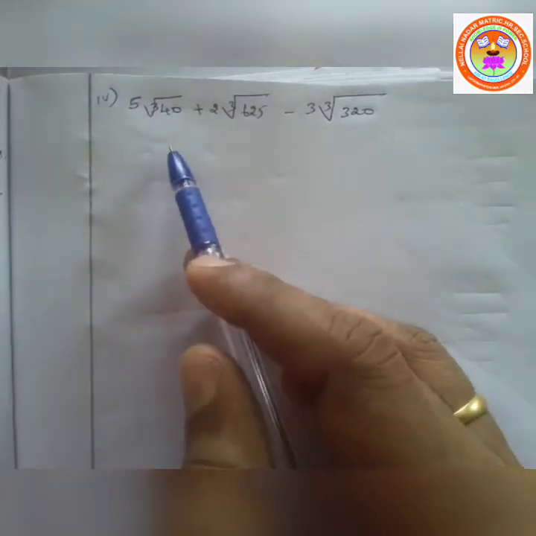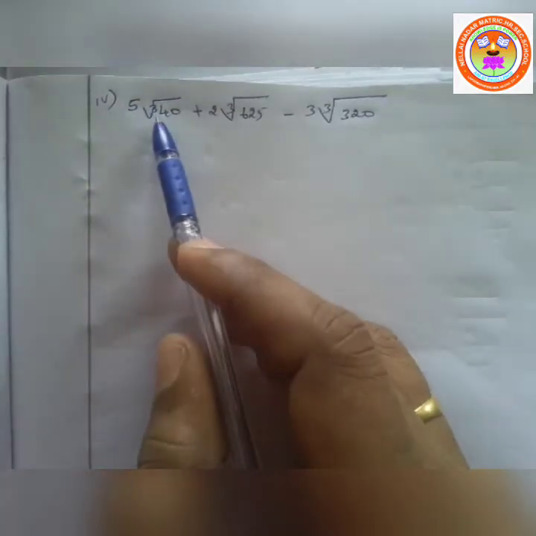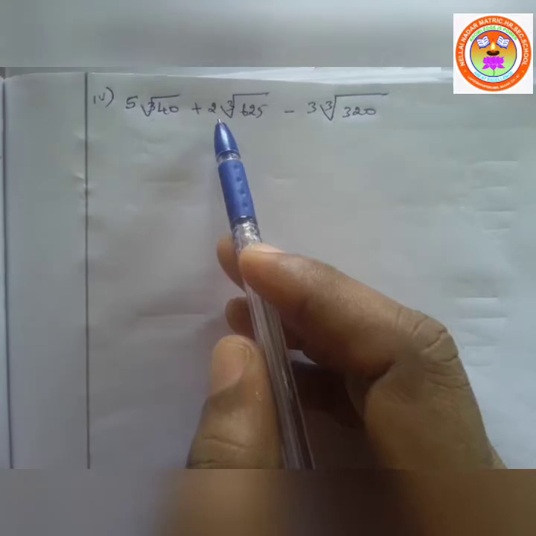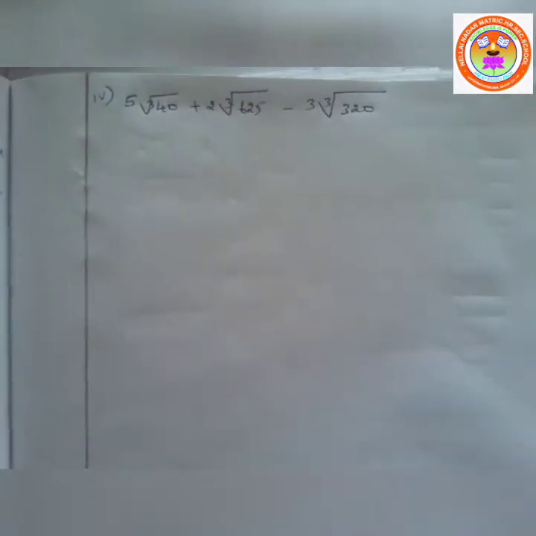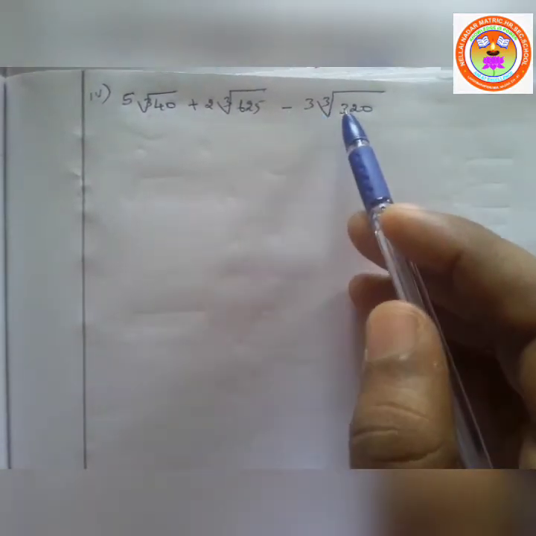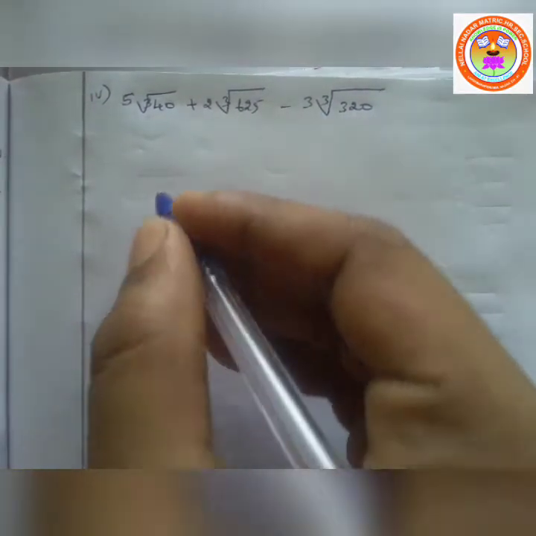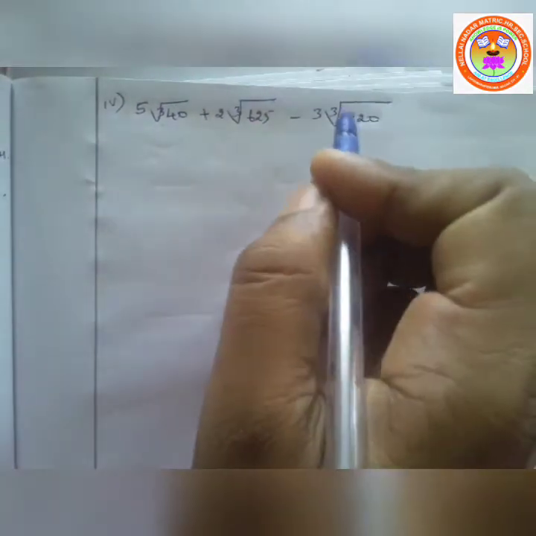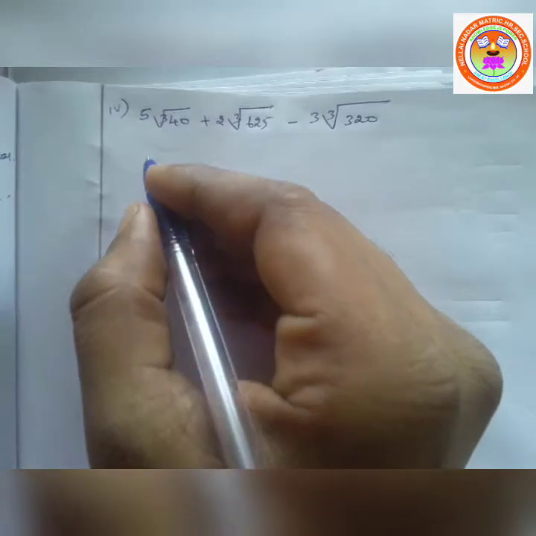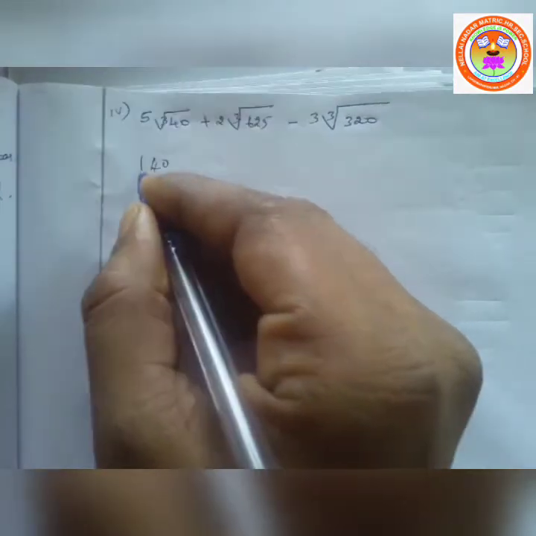The next subdivision, fourth subdivision, is 5 cube root of 40 plus 2 cube root of 625 minus 3 cube root of 320. As I said earlier, if you are having bigger numbers inside the square root or cube root, you have to do the prime factorization method.